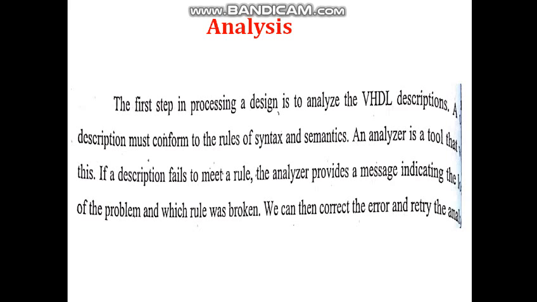We definitely divide the complete design into these two parts in terms of analysis. The first part is called the primary unit, the second part is called the secondary unit.